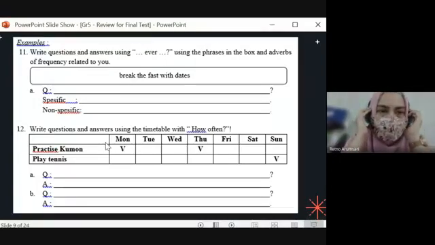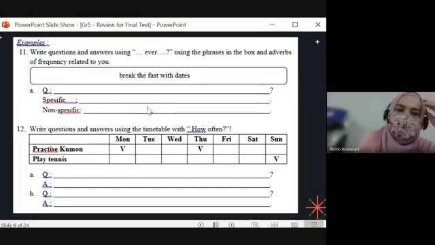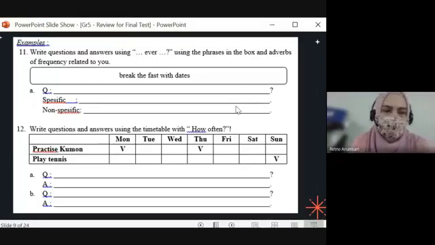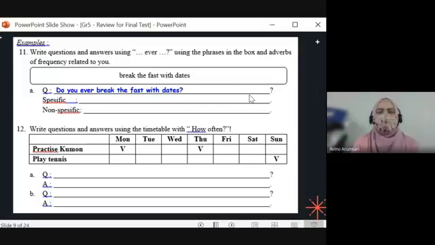Do you ever break the fast with dates? Can you speak louder, Zahra? Okay, here is the question. Do you ever break the fast with dates, like that? Yeah, Zahra.